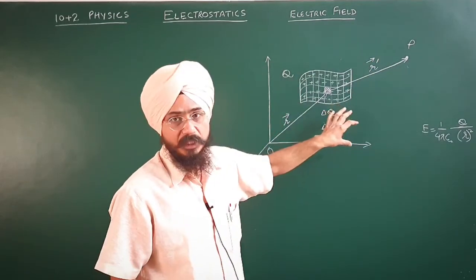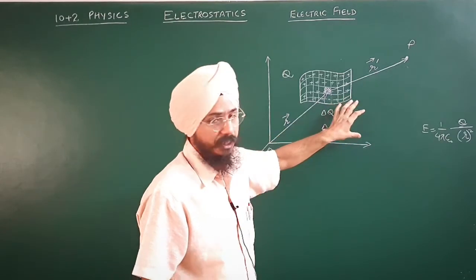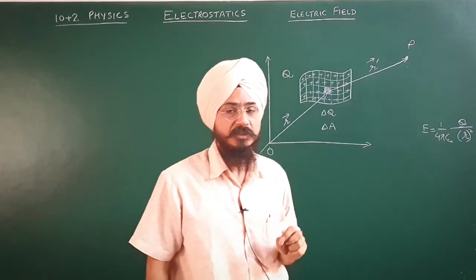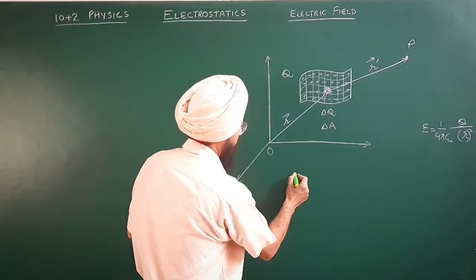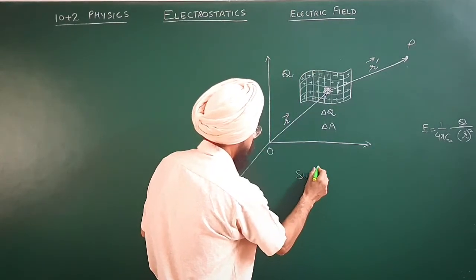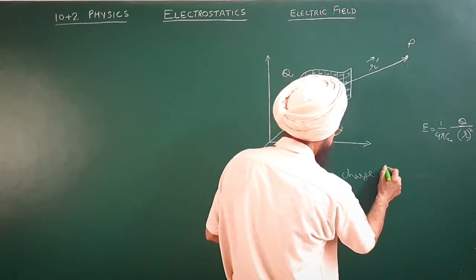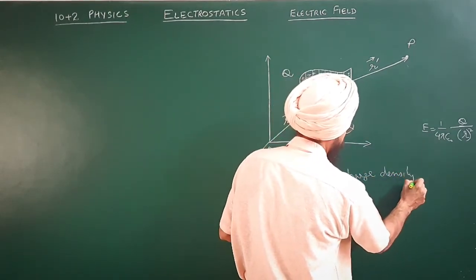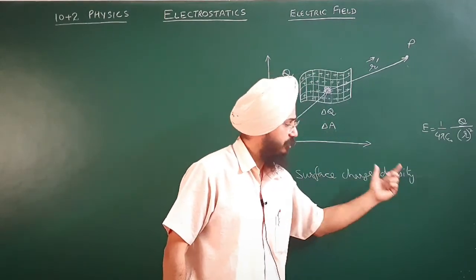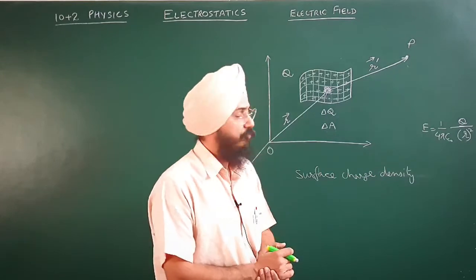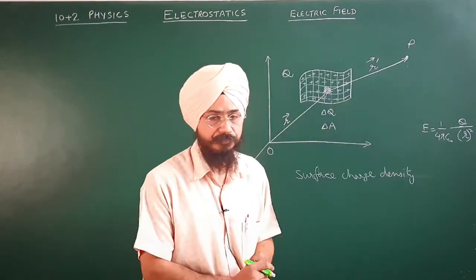I will come later to calculate this electric field, but let me first define a quantity which is called surface charge density, a new quantity which will be useful in tackling such types of problems.